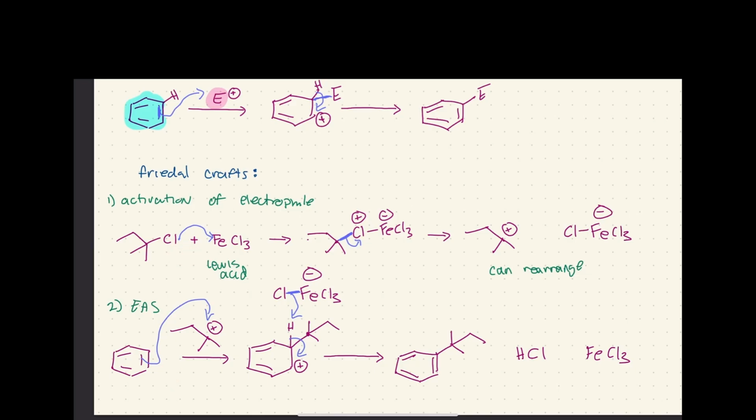The only difference between the alkylation and the acylation is the electrophile. So let's look at that really quick. If we have a Friedel Crafts acylation, here we start with an acyl chloride, and we react again with our Lewis acid. So we're going to see the same first step, where the chlorine attacks the Lewis acid, and we make a very similar looking Lewis adduct.